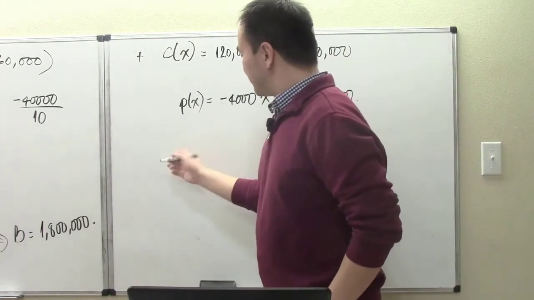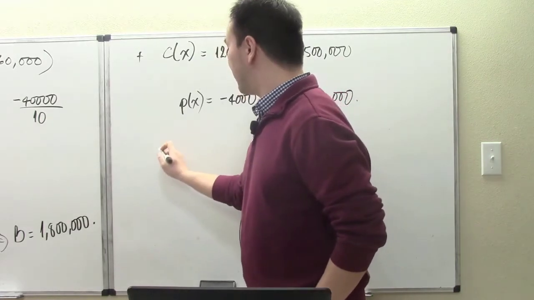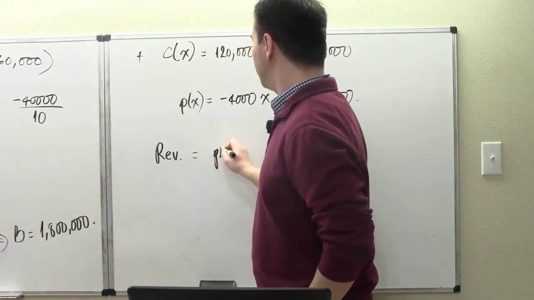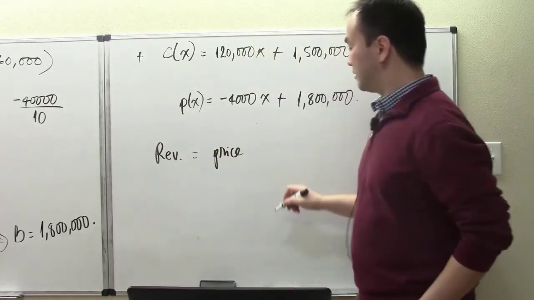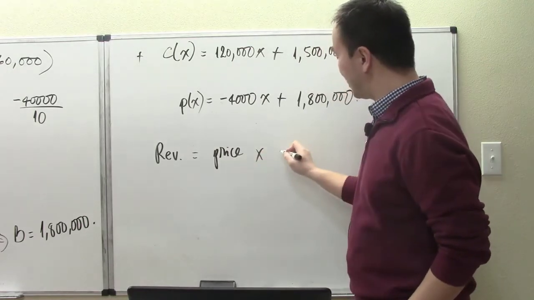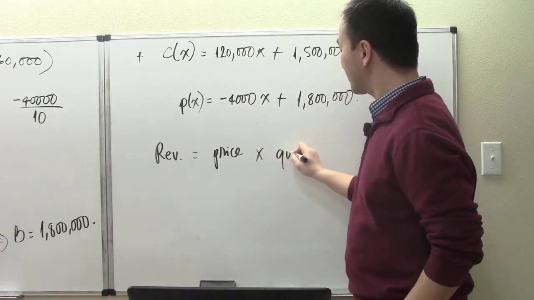Recall again that revenue is the price per unit of your product multiplied by the quantity.